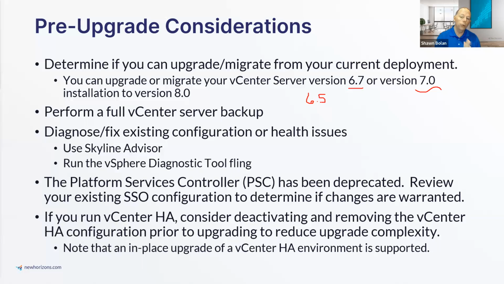If you are older than that, again, you're in the 6.5 era or something like that, you'd be left with a choice, and it's not a great choice. Okay, let's get to 6.7 and then we'll jump to 8, kind of a double upgrade. Or some environments say, you know what, our hardware's pretty old anyway, we're going to be buying new hardware.